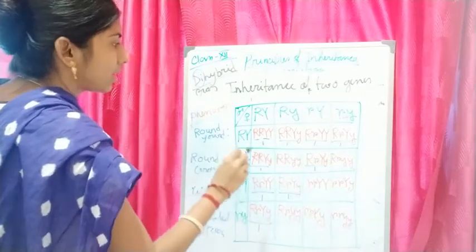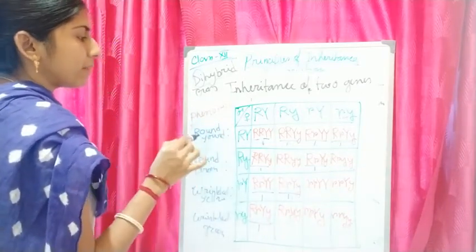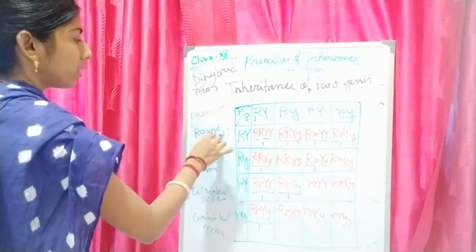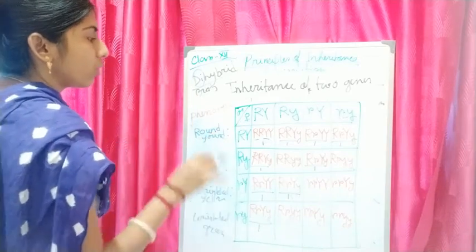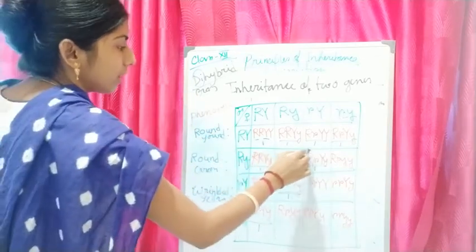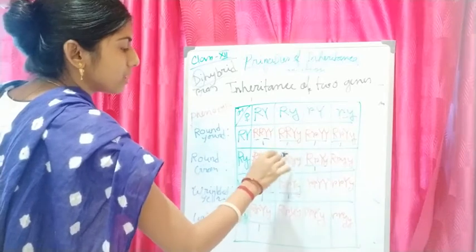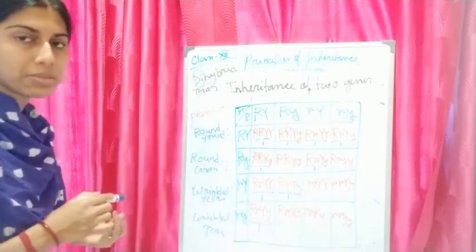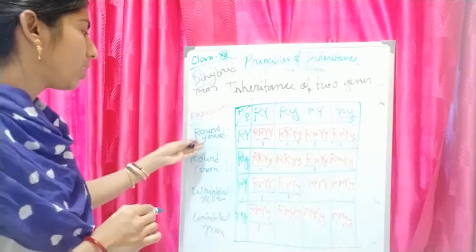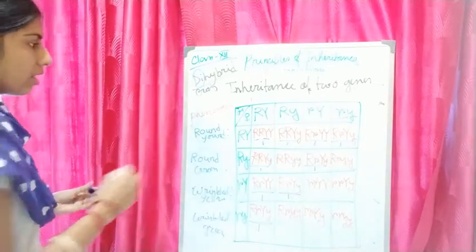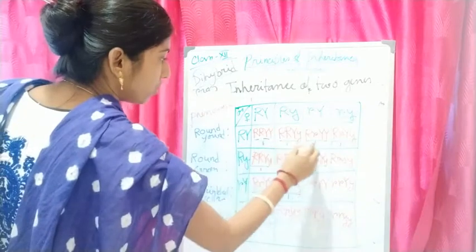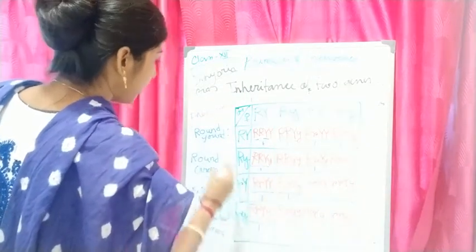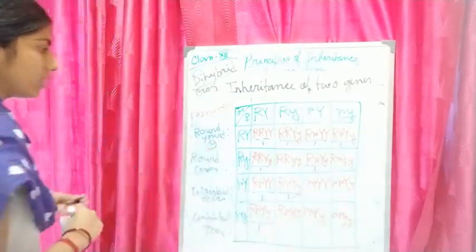Because wherever capital R and capital Y are present, we consider them, because they are dominant. If they are present in heterozygous condition, they will express their character. So if one capital R and one capital Y is present, then it will show the round and yellow characteristic. Now 1, 2, 3, 4, 5, 6, 7, 8, 9. The number of round and yellow is 9.